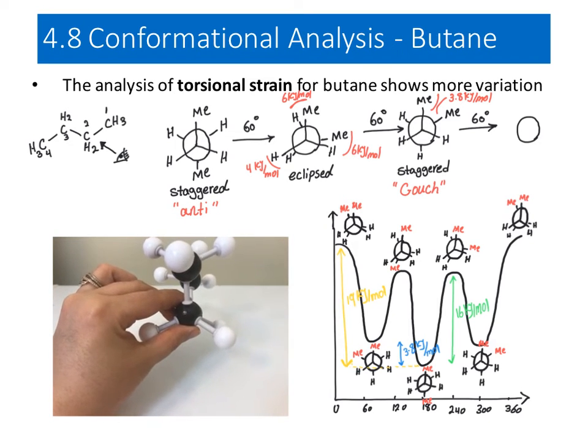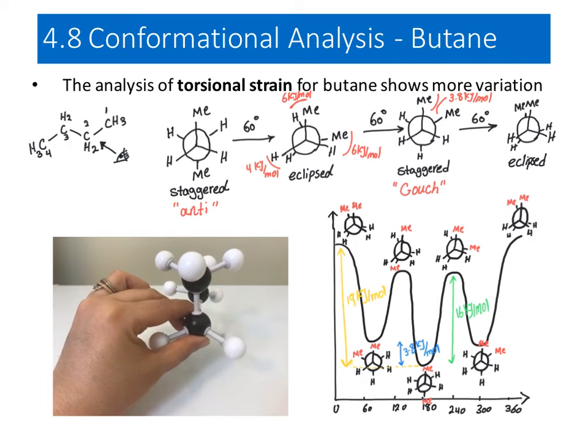So that would be more unstable, higher in energy. This is actually the highest one, the most unstable eclipsed conformation. So this is also eclipsed.